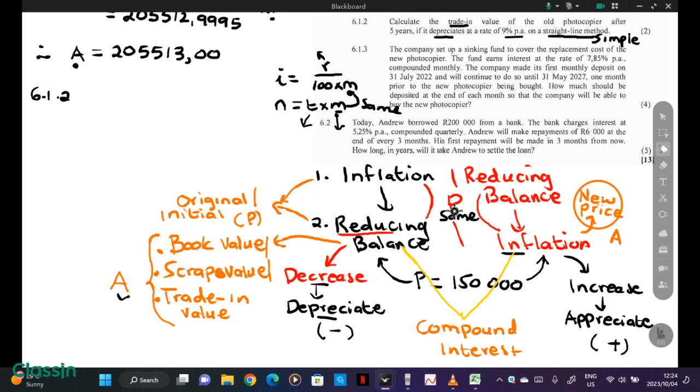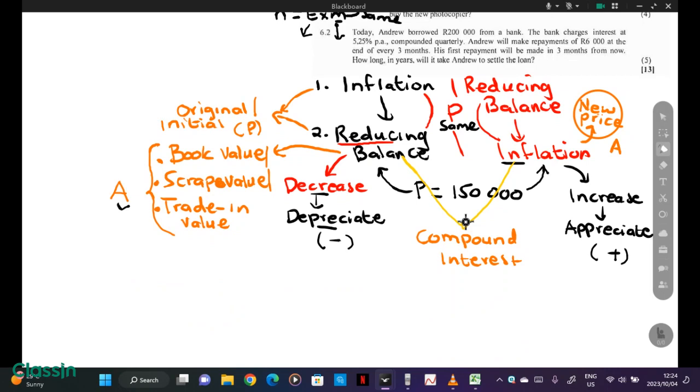So now let's check the simple interest formula.